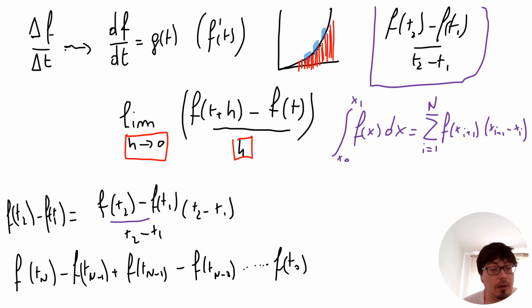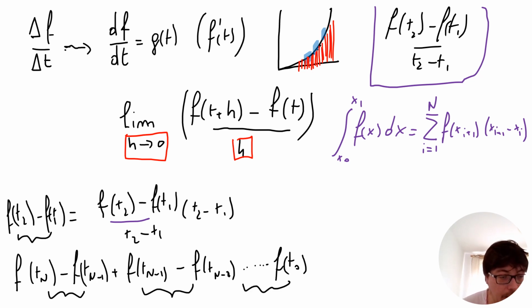We see that all of this contribution here, which we keep sum together, they have some cancellations. So this cancels out with this, which cancels out with the one on top, and only the two extremes remain.